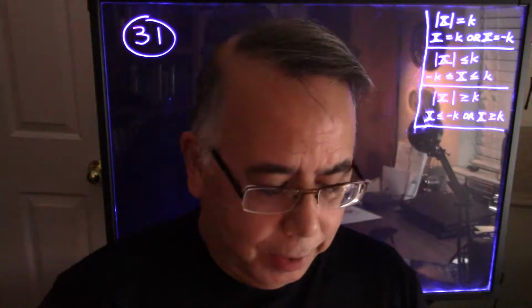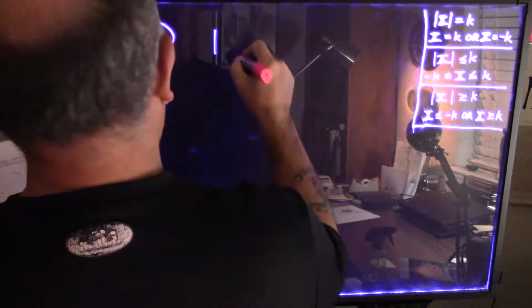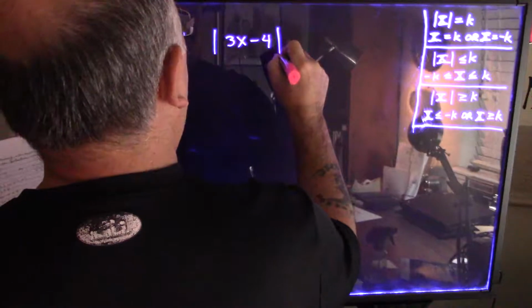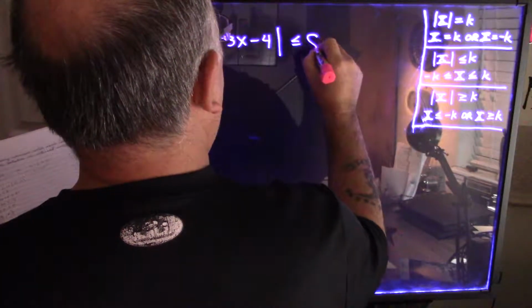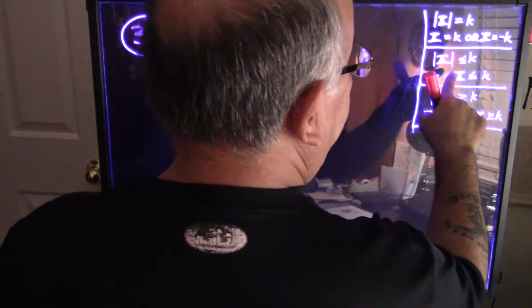Number 31. So we have absolute value of 3x minus 4 less than or equal to 8. So that's basically this setup here.